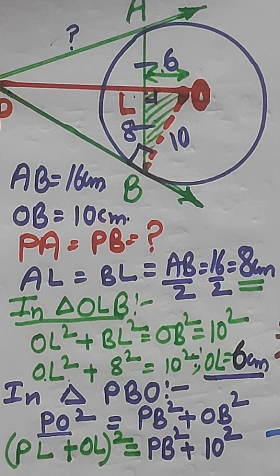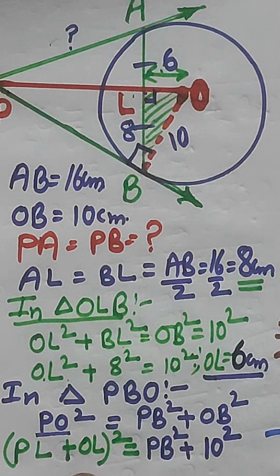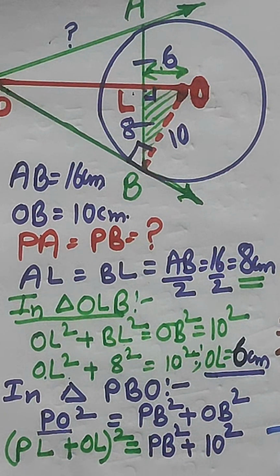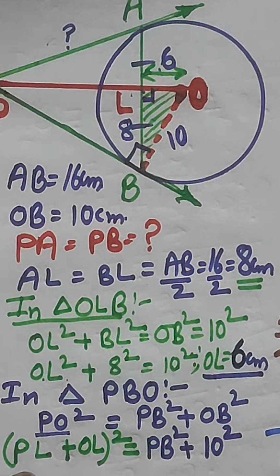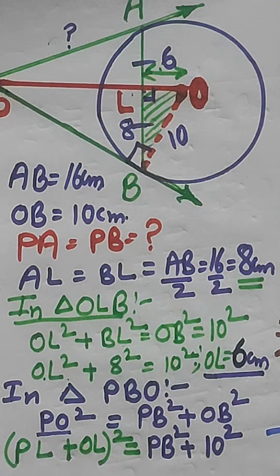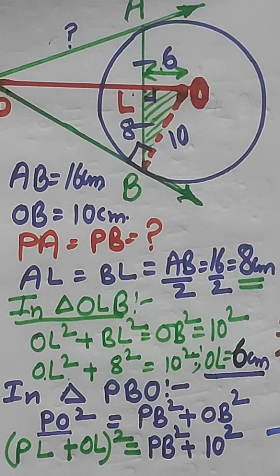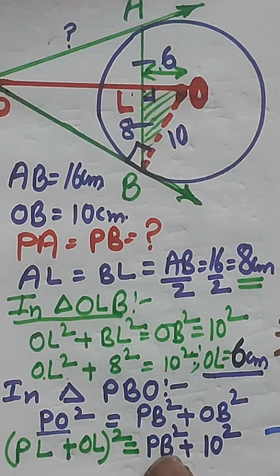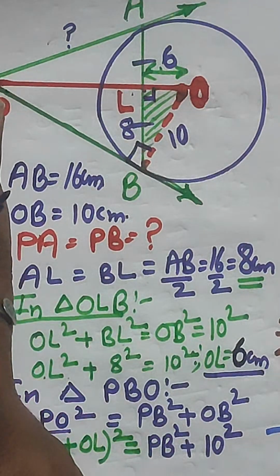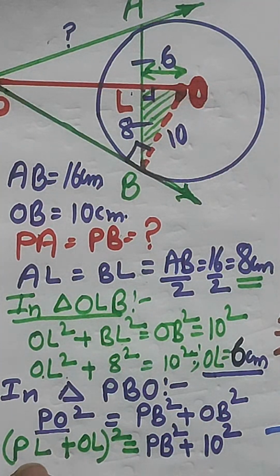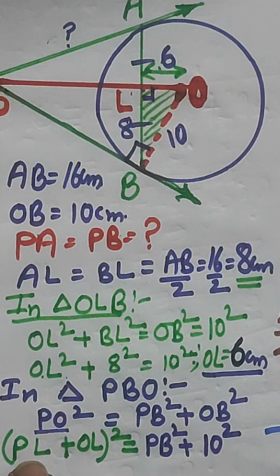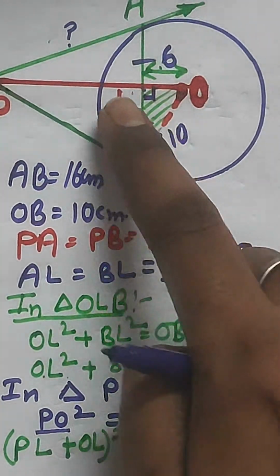Now when you expand it, you will get PL square plus OL square. Here PB square is the variable which is going to be calculated, and we do not know the length of PL, right?